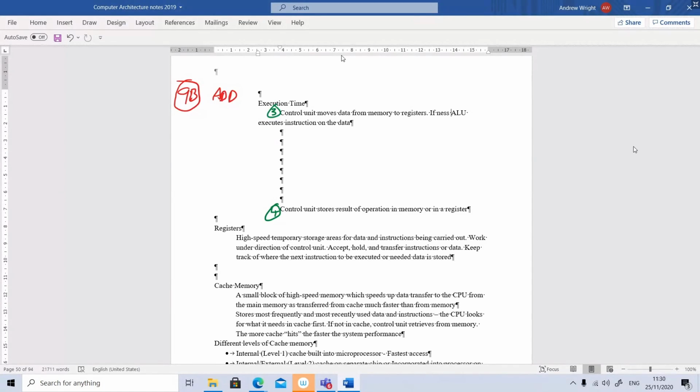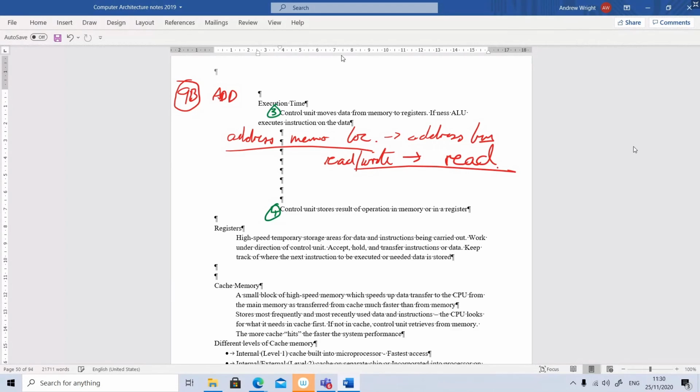The control unit moves data from memory to a register. So again, we need the address of the memory location, and that goes onto the address bus. The read-write line will be set to read, so we just read the data into the CPU.